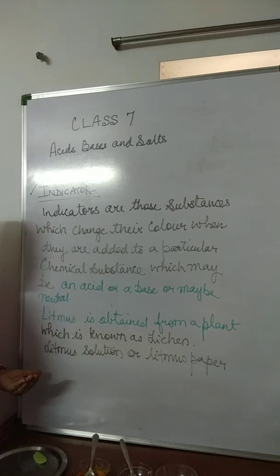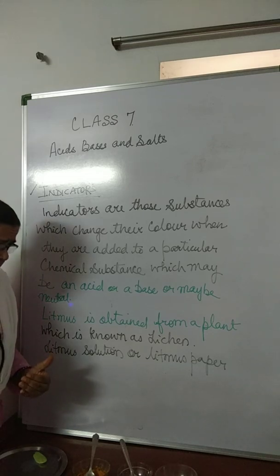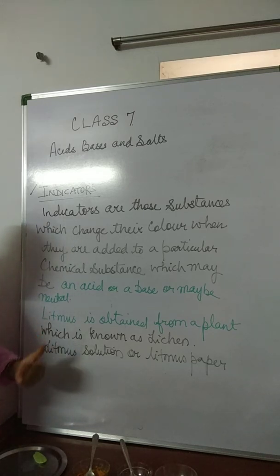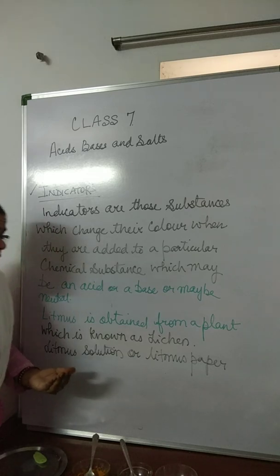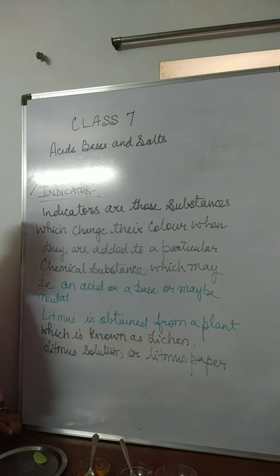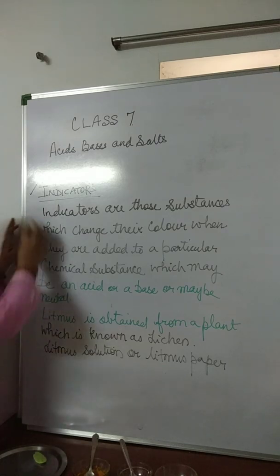On the other hand, if we add the substance to the litmus paper and it changes to blue, then it will be basic in nature. Chemically, we produce this litmus paper in two colors. One is blue litmus paper and the other is red litmus paper.